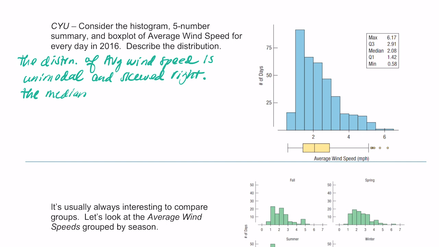So the median daily wind speed is about 2.1 miles per hour.